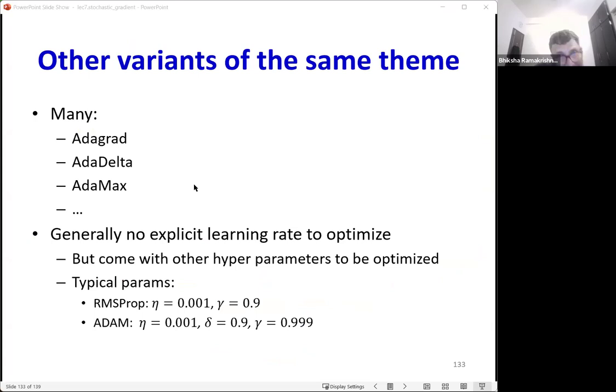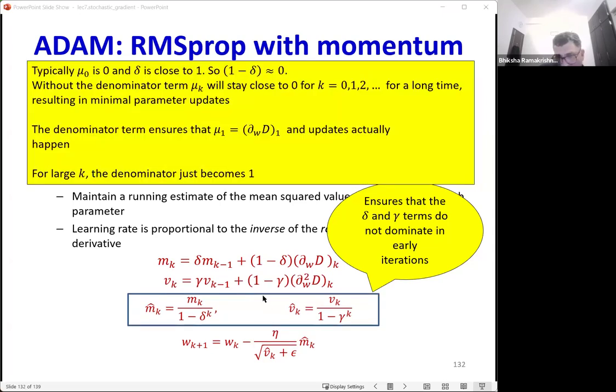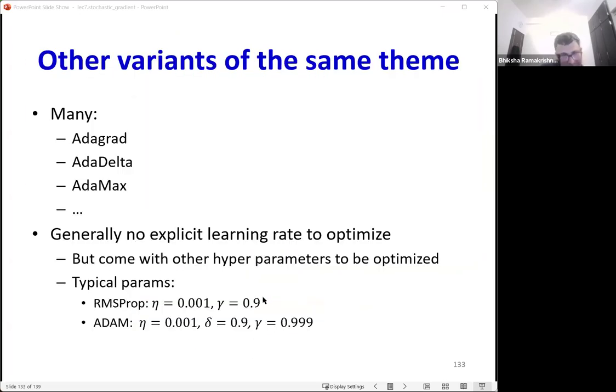That's the basic idea. And they have many more variants of the same theme: AdaGrad, AdaDelta, AdaMax. The nice thing about these things is that now you don't have to adjust your learning rates, in theory, because the update rules automatically adjust your learning rates, supposedly. And this also takes care of variations in your derivative.